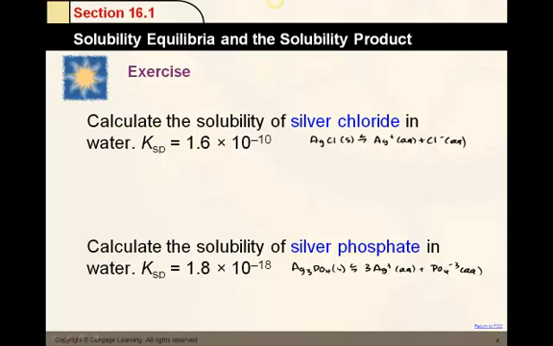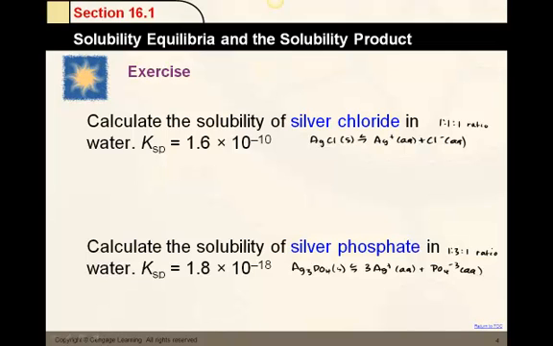Alright, now essentially what we're trying to do is figure out the solubility of silver chloride. You can see that the concentration of silver ions and chloride ions in silver chloride is a 1:1:1 ratio. Down here, it's a 3:1 ratio.